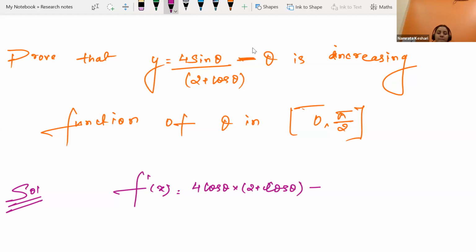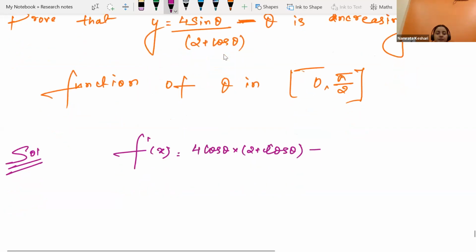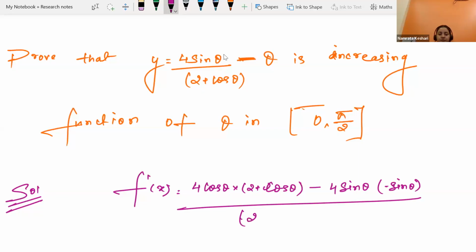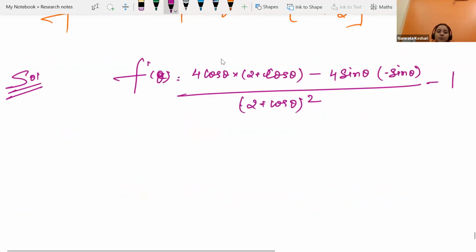Yes. Okay, please tell me what we'll be getting. 4 sin theta into minus sin theta divided by 2 plus cos theta whole squared. Minus 1. Yes. Okay.